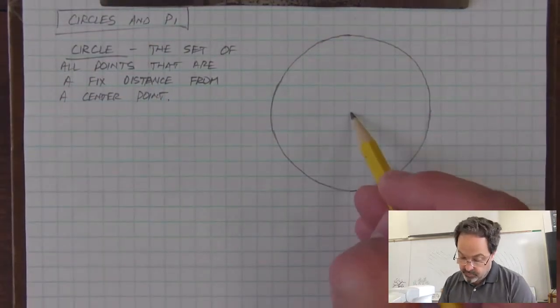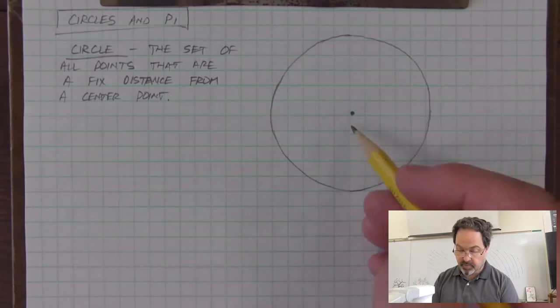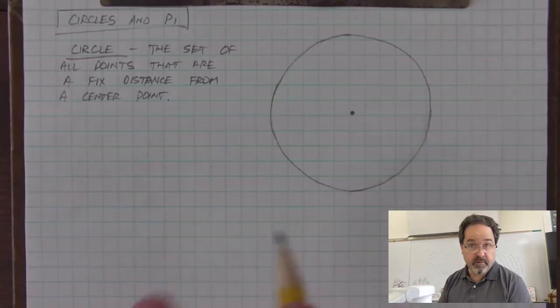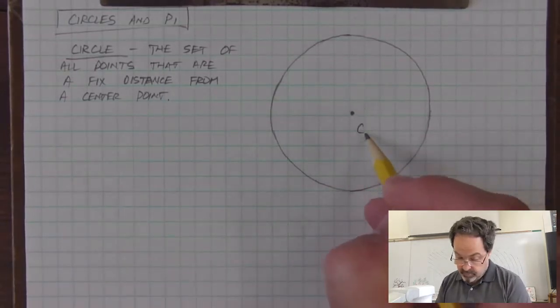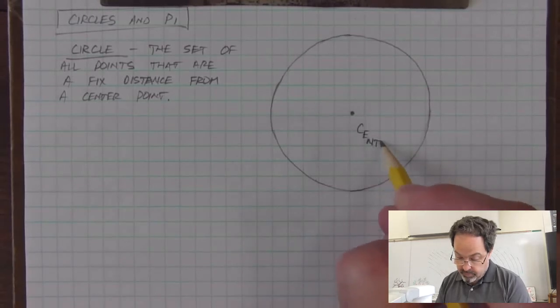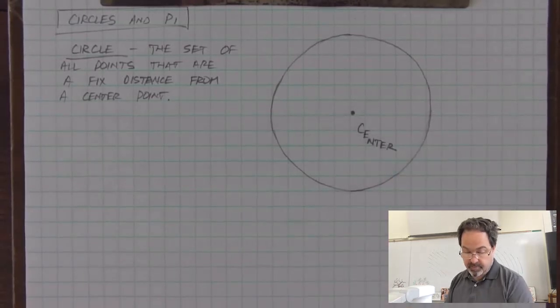In our circle that I've drawn, we can imagine there being a point that'll serve as the circle's center. We can label that point the center.